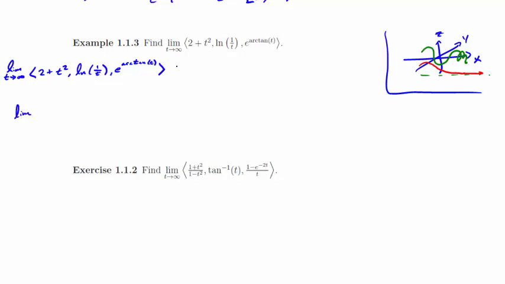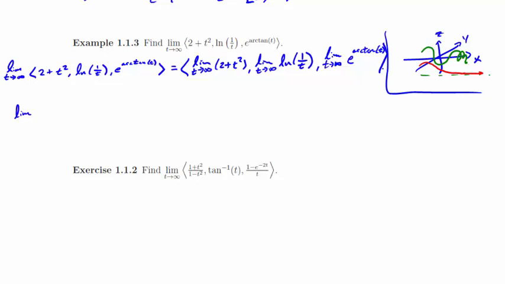So I'm going to look at the limit as t goes to infinity of 2 plus t squared, the limit as t goes to infinity of the natural log of 1 over t, and the limit as t goes to infinity of one of my favorite limit examples, e to the arctangent of t. Barely squeezed that in there.